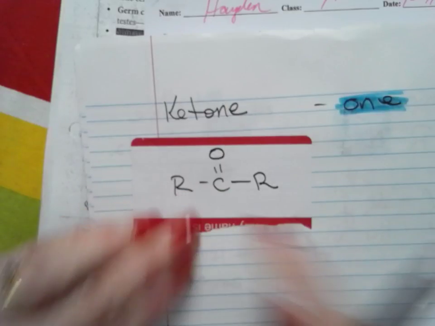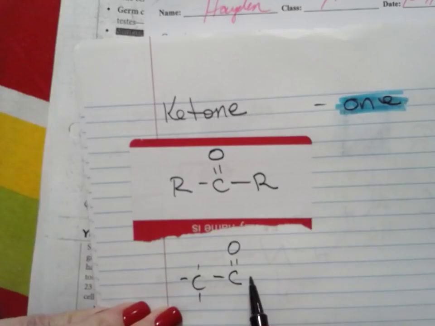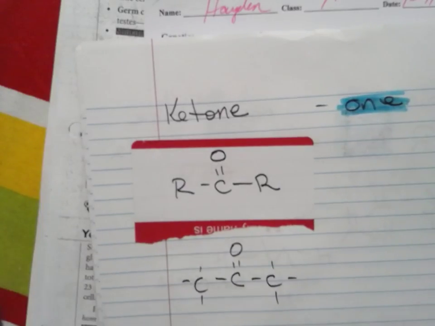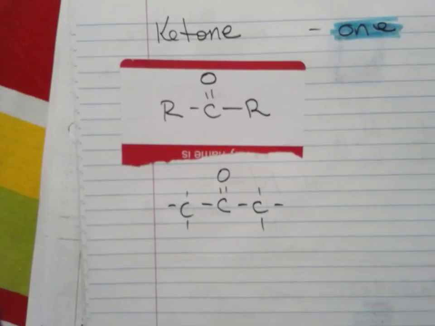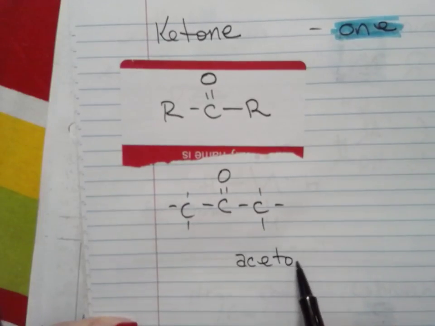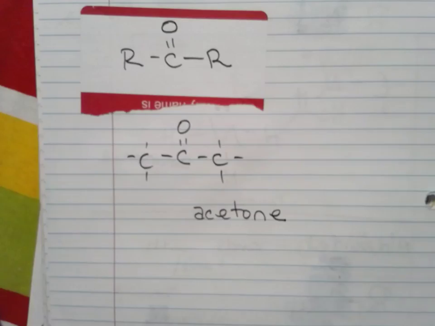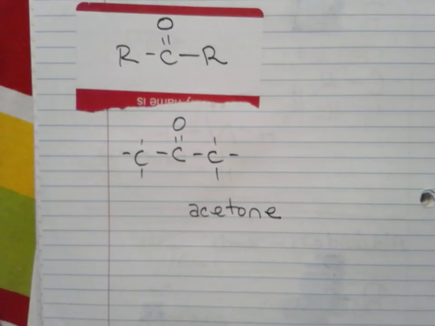Now in the book, instead of using R, they do it this way. And we're doing the same thing. Now they give you acetone, which is like your nail polish remover.